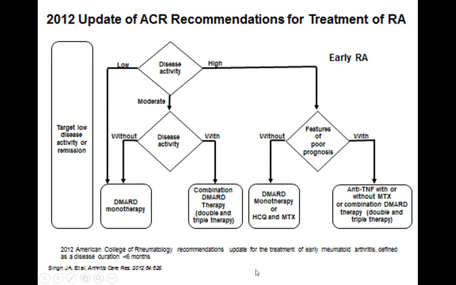These are the ACR guidelines. So you're going to look to see if you have high disease activity or low disease activity. And based on that, this is early RA, you're going to use DMARD either monotherapy or DMARD triple therapy or double therapy. All right? Or you're going to use an anti-tumor necrosis factor with or without methotrexate.